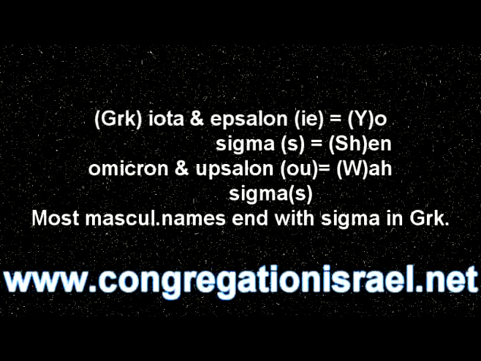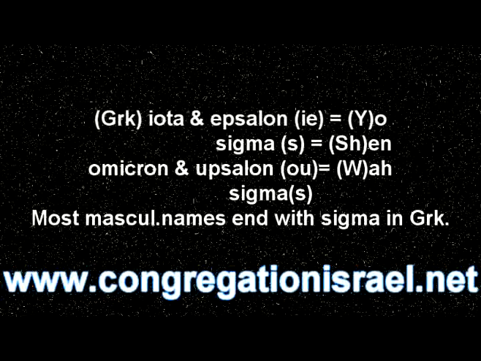There is no SH sound. In fact, there is not even a letter for the H. So you can't even put sigma up with other letters to give you an SH sound, like you would do in English, putting an S and an H together. So what the Greeks did, when they transliterated, they put sigma there, because that's the closest they get to an S sound.